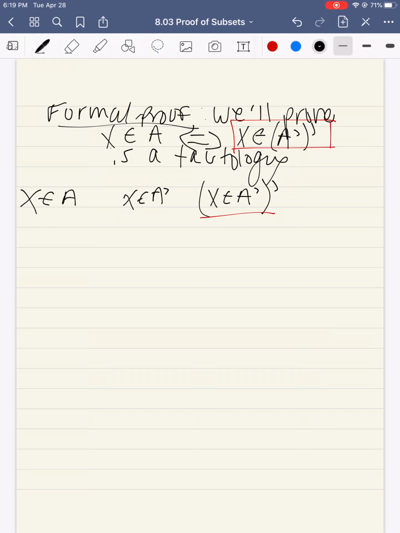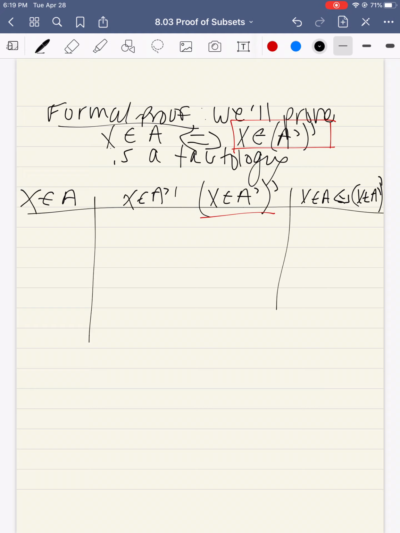X is in A if and only if X is in A complement. So again, I only have two, I don't want to say propositions because I know these aren't, two essentially entries here, if you will.